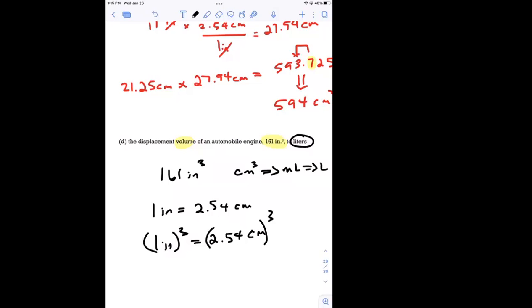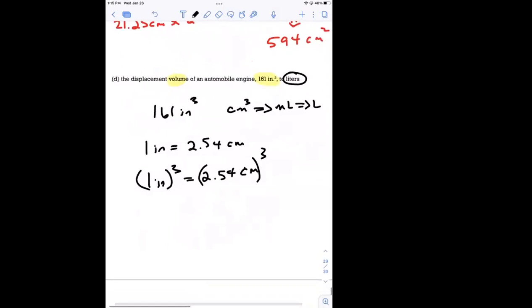What do you get if you take 2.54 and cube it? 16 point something. 16.387. Okay. So 1 cubic inch, you said 16.4. Yeah. All right. So 16.4 cubic centimeters.